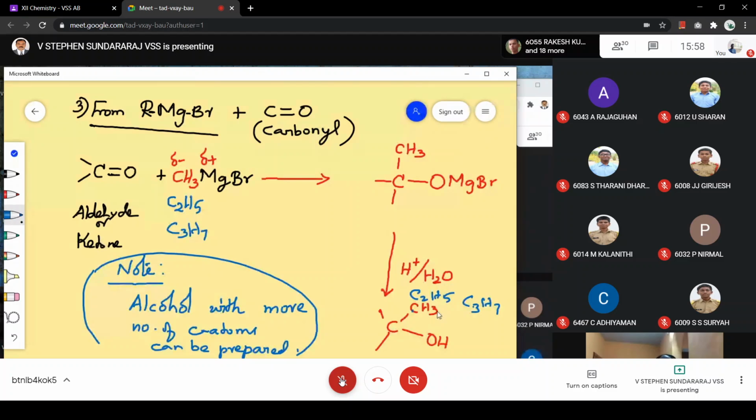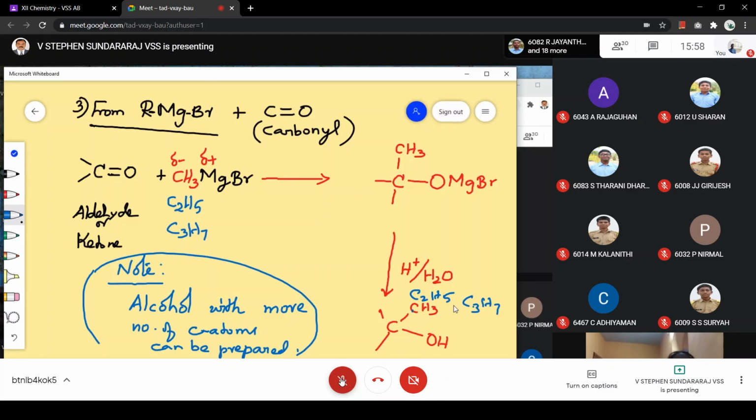Aldehyde converted into alcohol. See, that question will be asked here. One question, not for solving. Suppose I am asking a question: how will you convert acetaldehyde into propyl chloride, the n-propyl chloride? Or whatever, actually it will be isopropyl chloride.